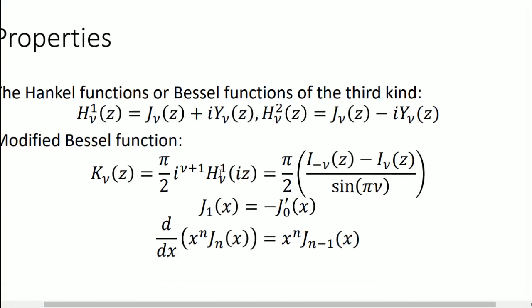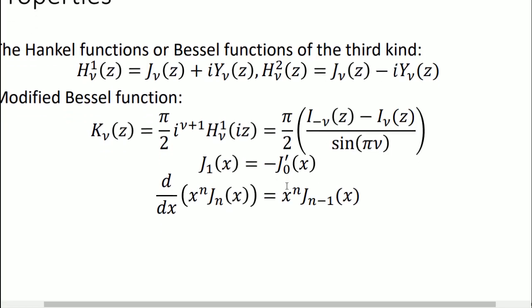We build the Hankel function to be the sum of first kind plus i times the second kind, and we can do it with a minus sign also. We have the modified Bessel function K with pretty interesting properties, but I'm not going to detail them, just giving them.